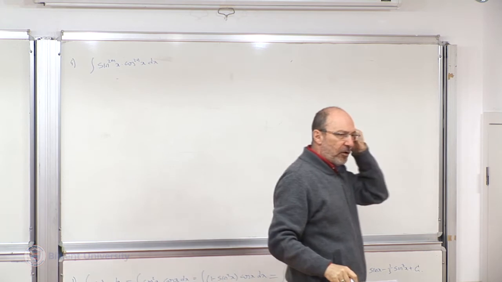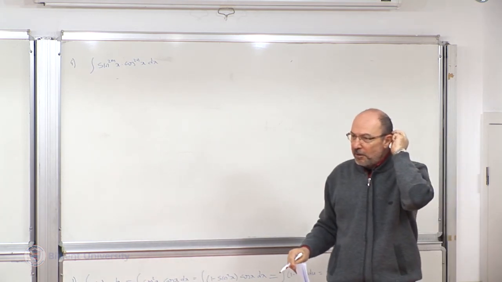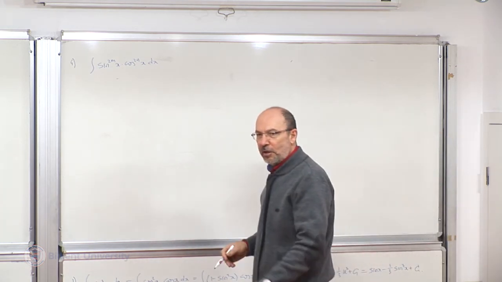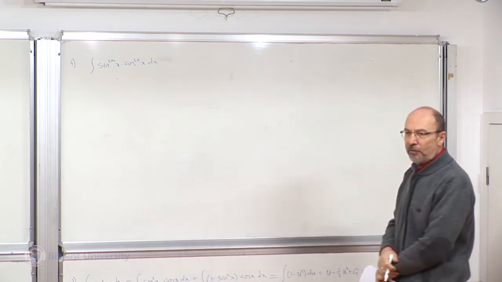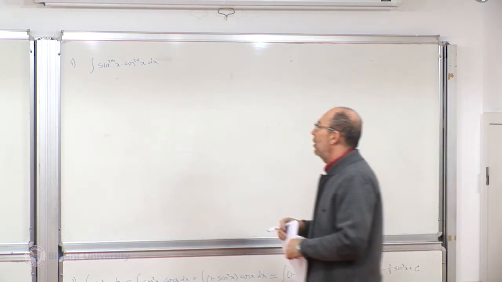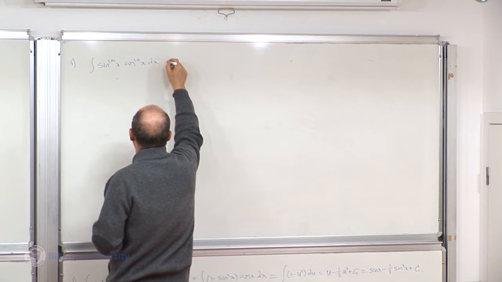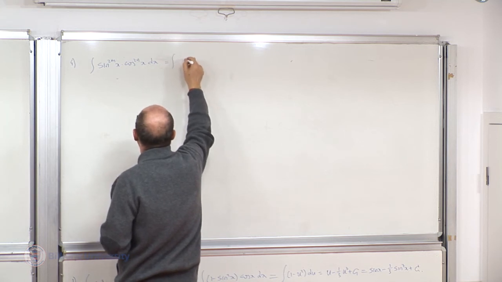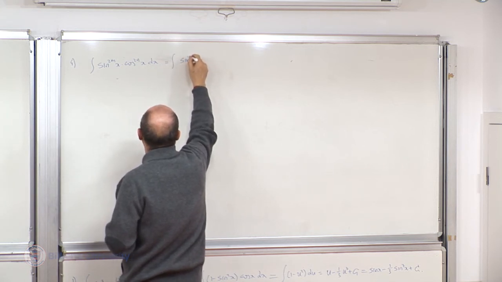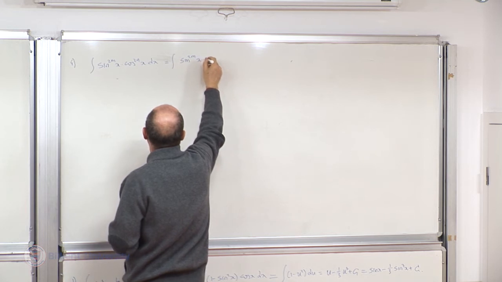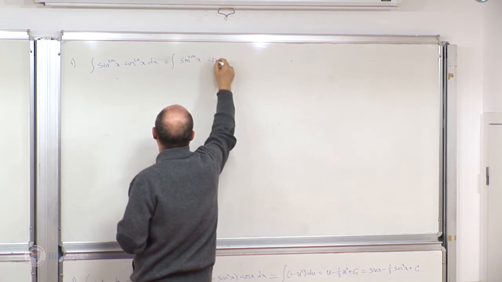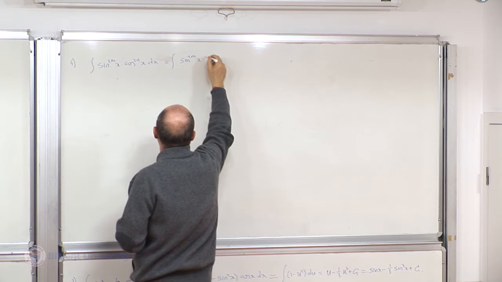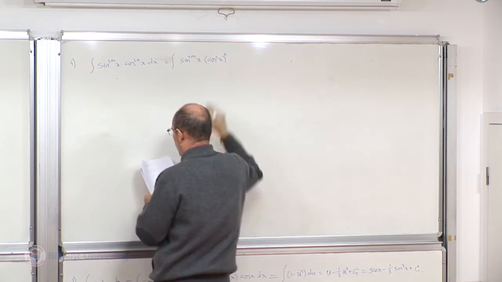So you choose one of them and write it in terms of the other. Sine square can be written in terms of cosine square and vice versa. So here, let's do it this way. Sine^(2m) x, and this is cosine square x to the power n.